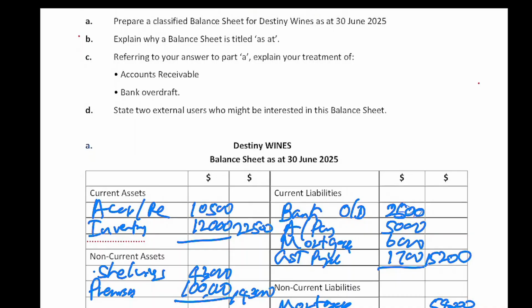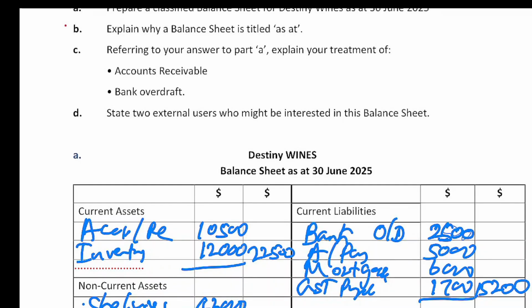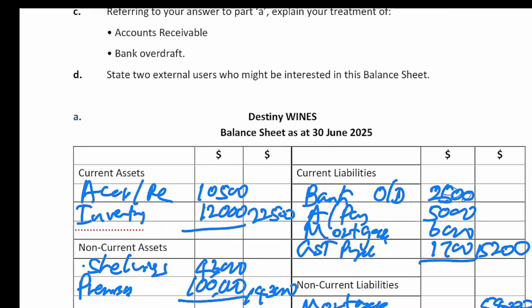Okay. Part B. State two external users who might be interested in the balance sheet. Lawyers? Yes, correct. But more before that? Accountant, yes. The government? Yes, ATO. What else?